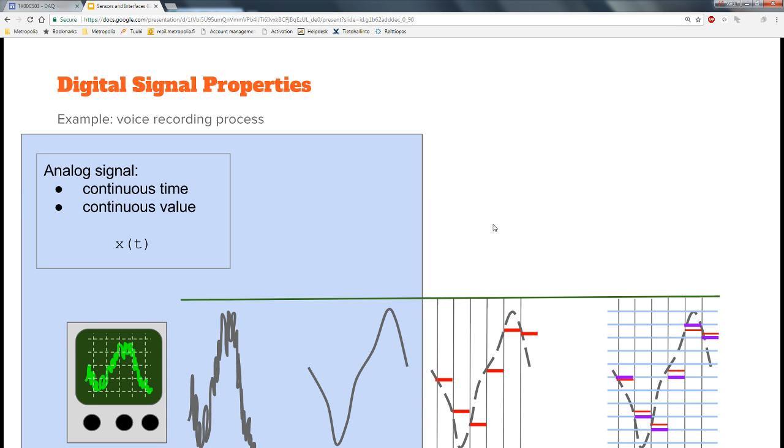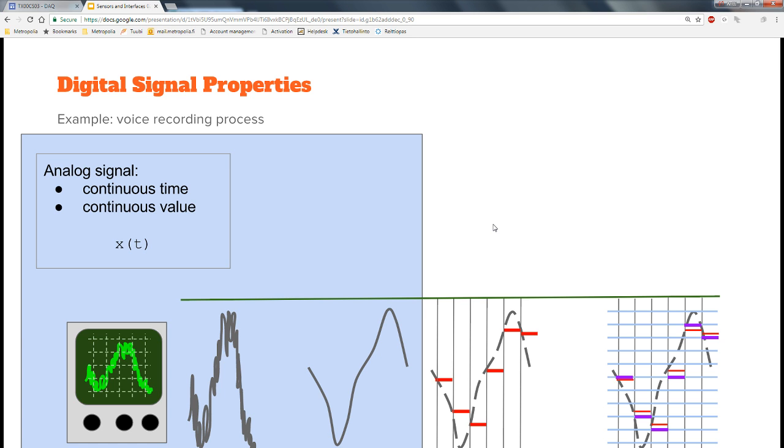Taking a look at this in a mathematical way, in theory, analog signals are continuous time and continuous value signals, meaning they can have any value at any time.